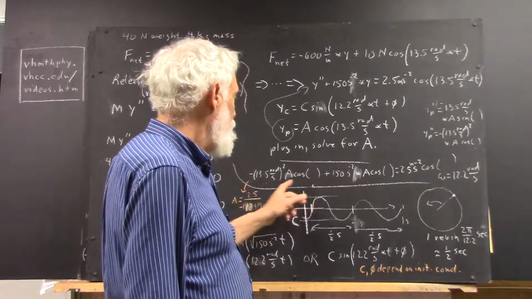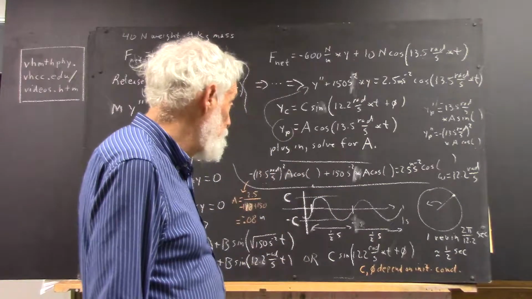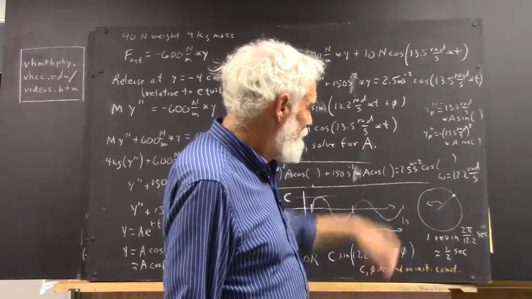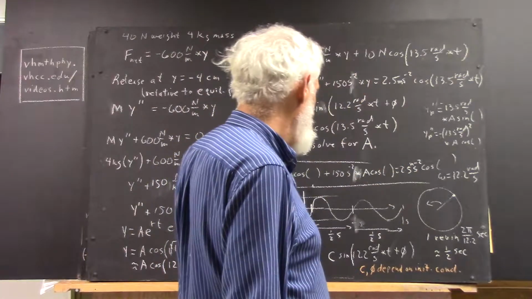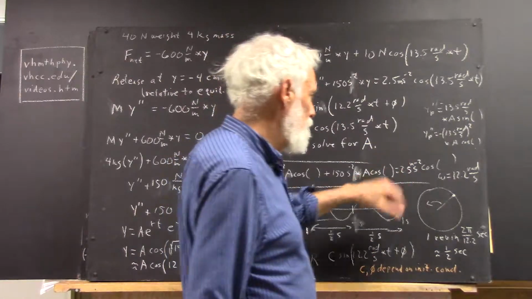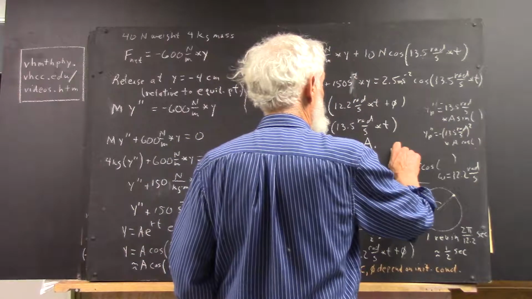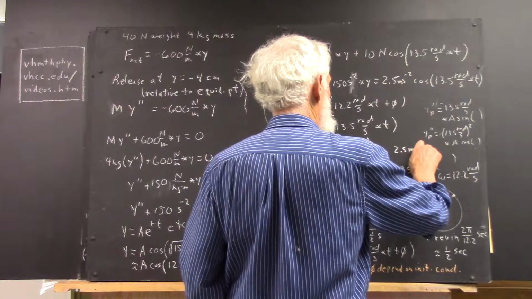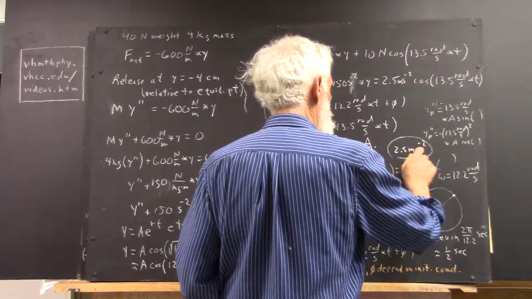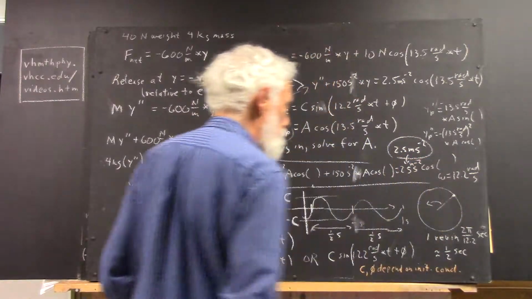So we're going to have A multiplied by the square of this and this added to this, and that's going to have to equal 2.5. Now I've got meters, reciprocal seconds here, and it's written kind of clumsily. I'm not going to change it. This says 2.5 meters second to the negative 2, which means 2.5 meters per second squared. So it's kind of garbled here.